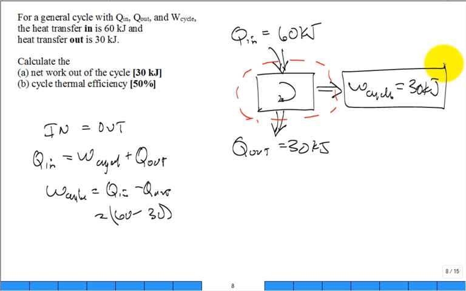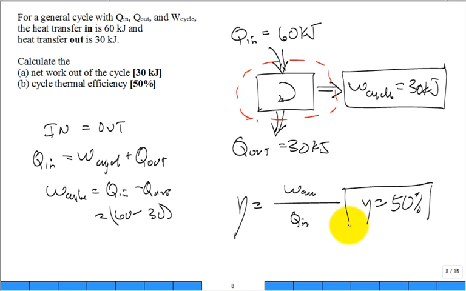Part B, what is the cycle thermal efficiency? Well, that's just what you desire, W cycle divided by Q in, and it's 50%. Makes sense?